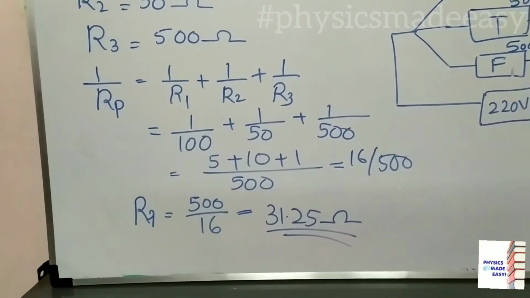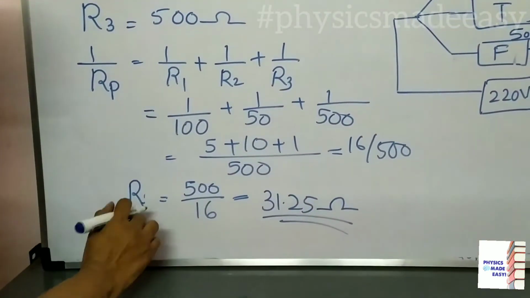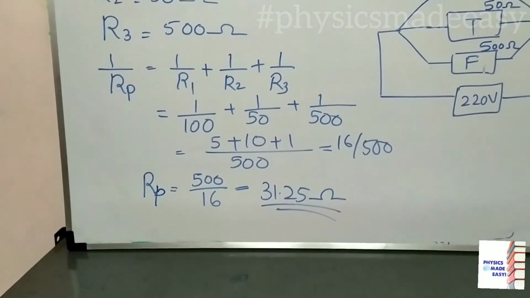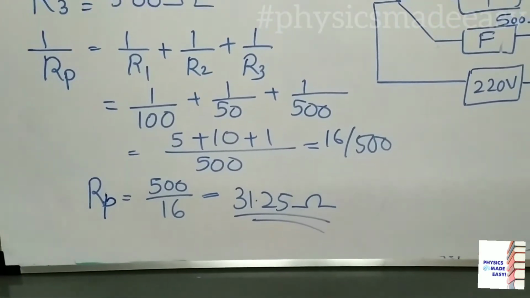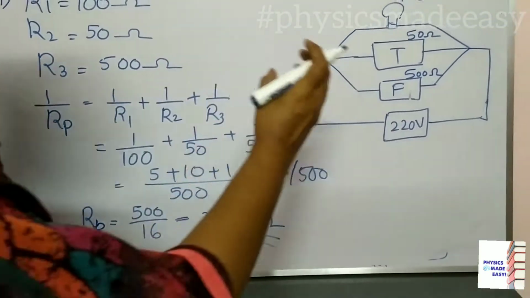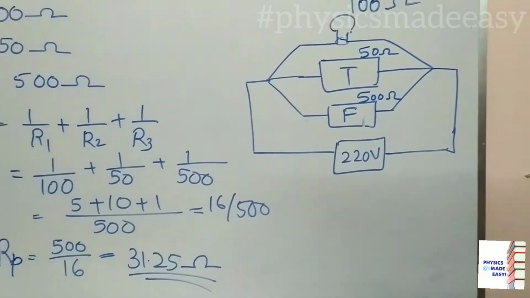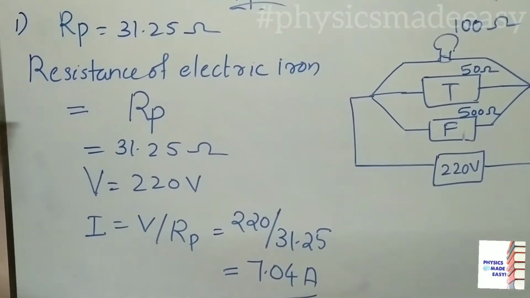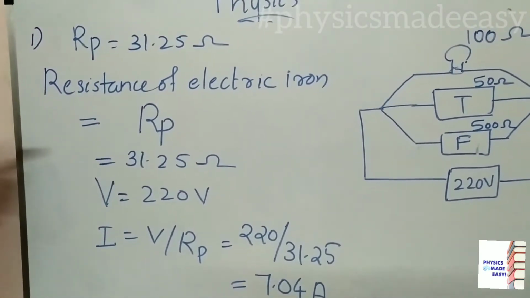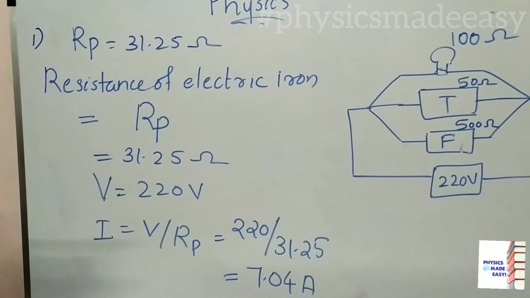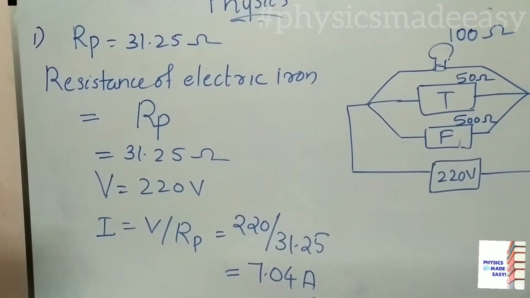Then Rp is equal to 500 divided by 16, that is equal to 31.25 ohm. That is the effective resistance of this parallel combination. It is understood from the question that the parallel combination of bulb, toaster and filter can be thought of as replaced by that electric iron.